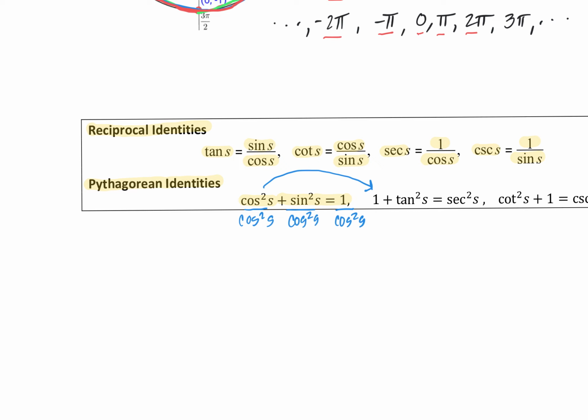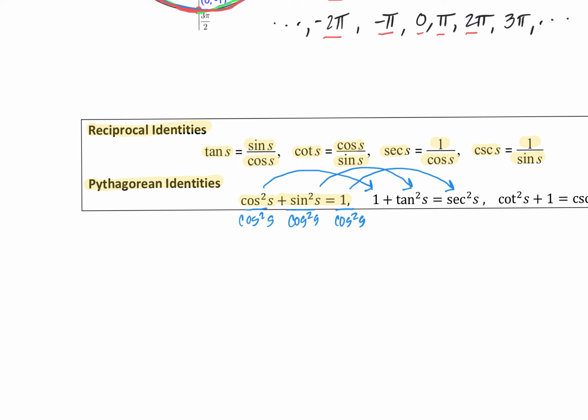Sine over cosine is tangent, so sine squared over cosine squared is going to be tangent squared. So we get 1 plus tangent squared. And then 1 over cosine is secant, so 1 over cosine squared is secant squared. So you actually don't have to memorize the last two identities. As long as you have the first one, you get the others.